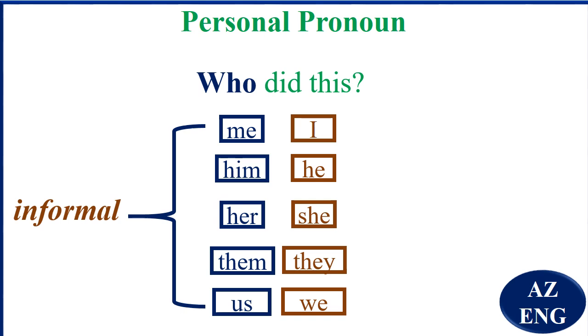So do not get confused if, for example, you hear someone say, or when you're reading, you see, who ate my food? Someone says, for example, me, or someone says I. Who ate my food? Him. Who ate my food? He. Who ate my food? Her or she, and so on. So do not get confused. I hope you are not confused. Good. Let's move on.